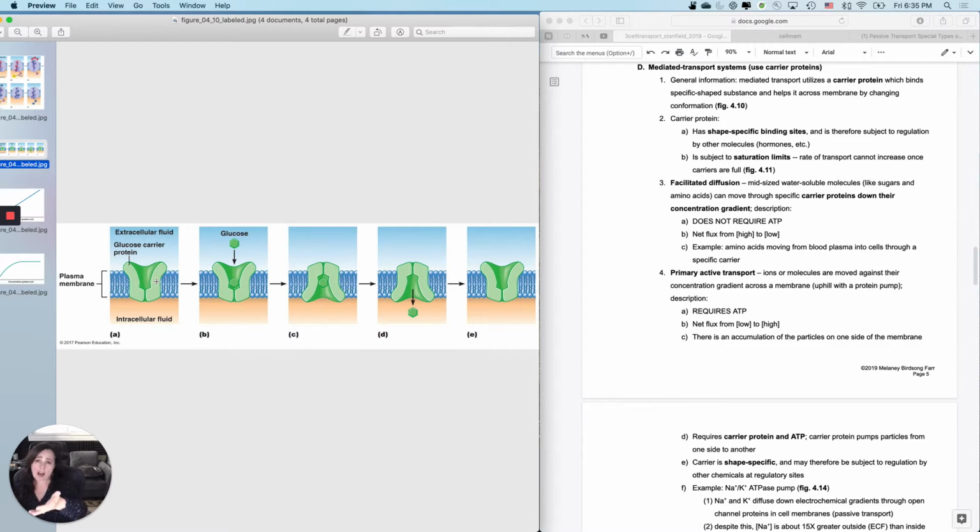So really common for carriers to have shape-specific binding sites and be subject to regulation by neurotransmitters or hormones or paracrine agents or whatever. So the other thing about moving things through carriers is that the amount of carriers that you have impacts the transport rate really dramatically.